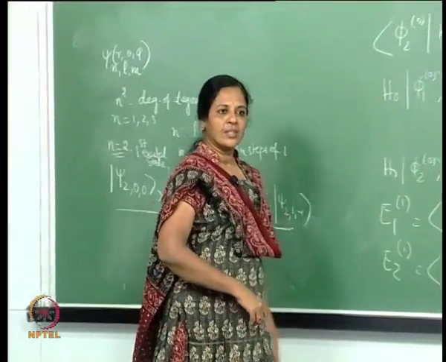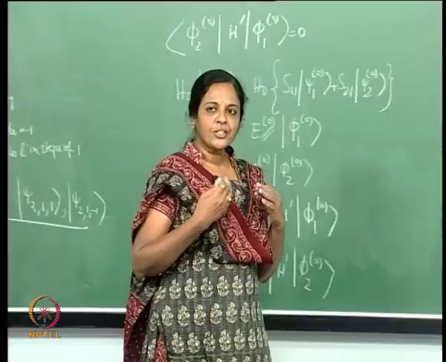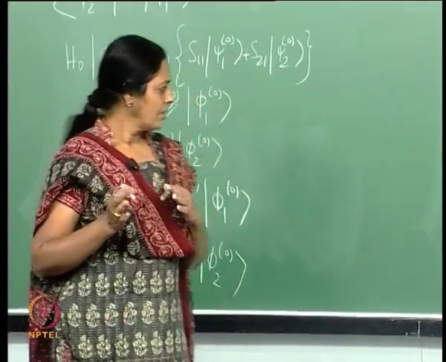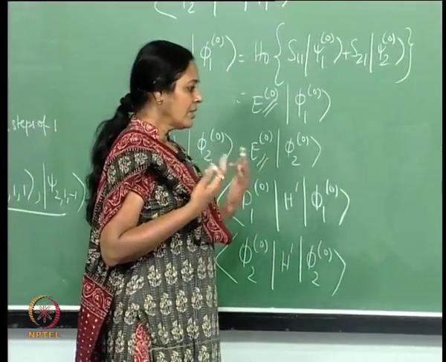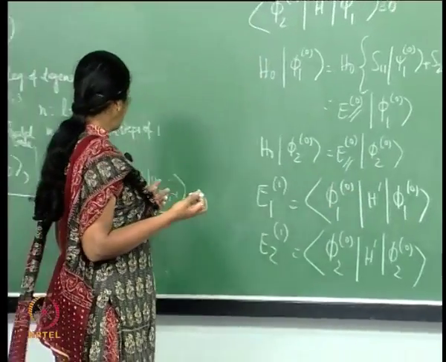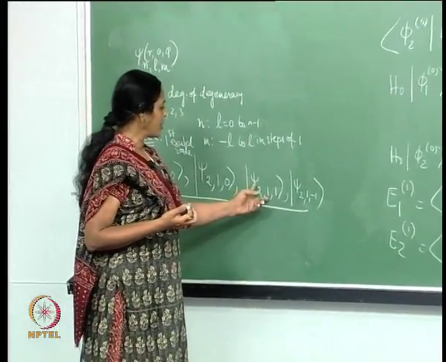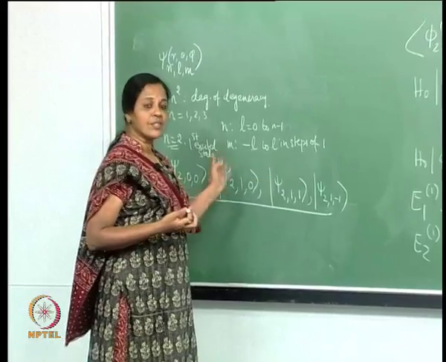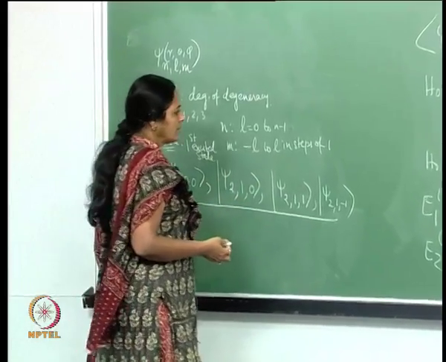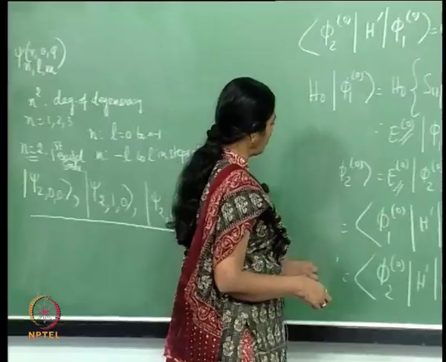We are interested in the matrix elements of H prime, the matrix elements which therefore connect various initial states out of these to various final states. The typical matrix elements would be the following.